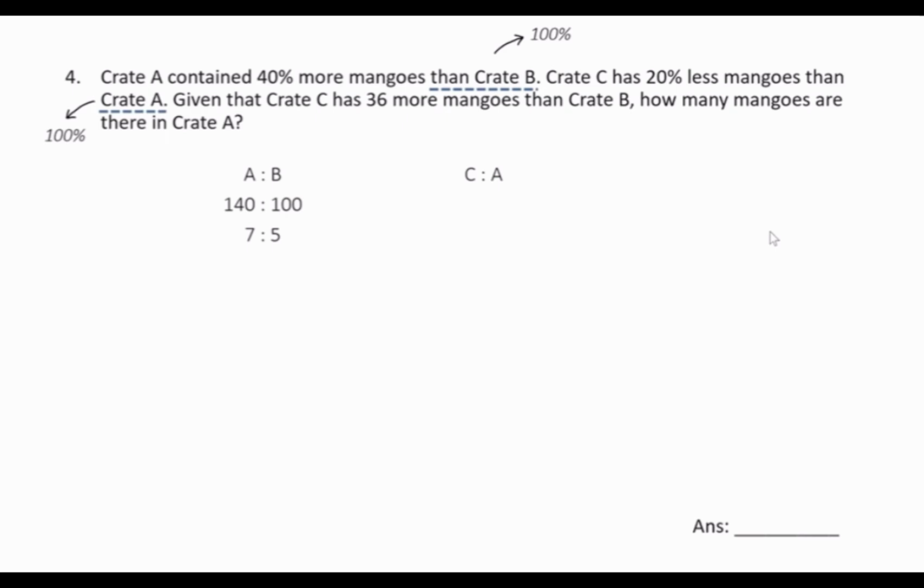So C to A: A is 100. What about C? C is 20% less than A. So if A is 100, C will be 100 minus 20. Then you get 80 to 100. Simplify, 4 to 5.